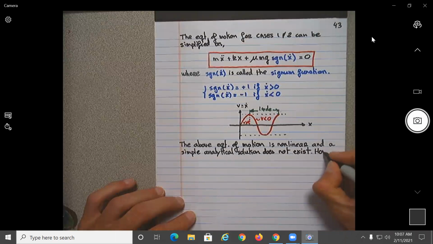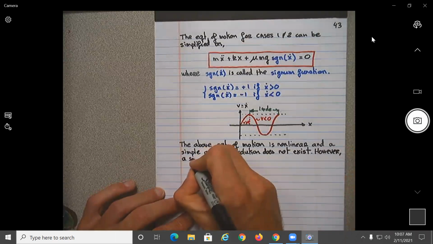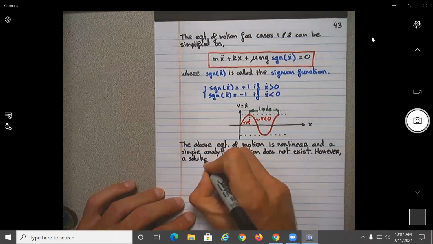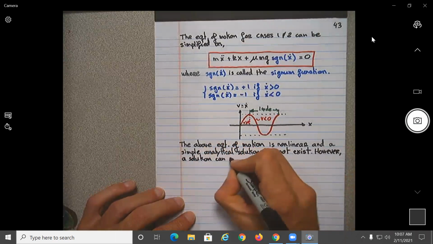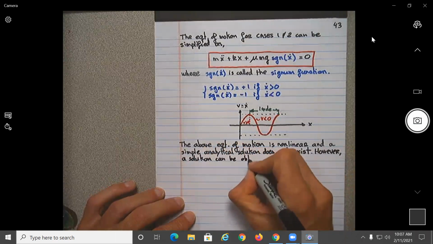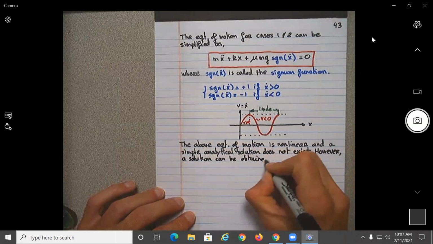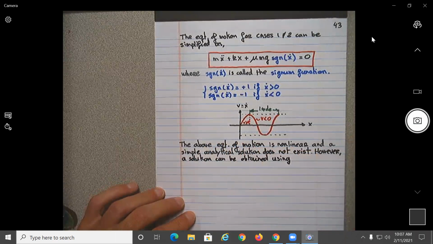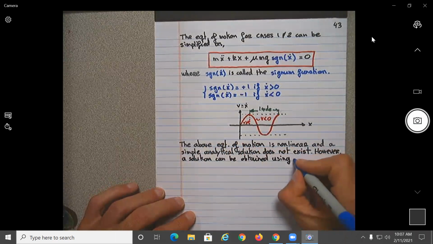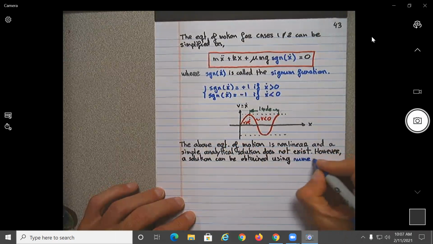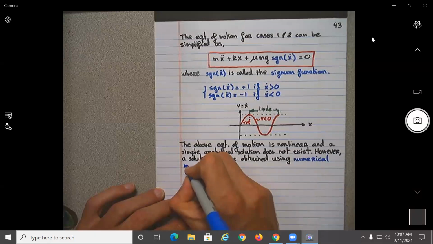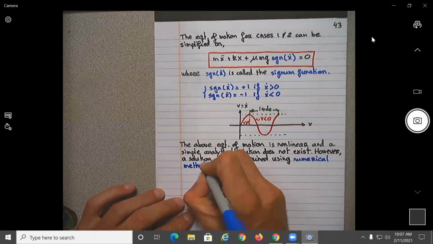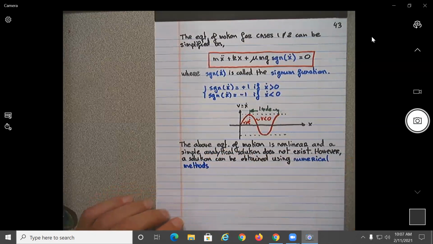However, a solution can be obtained using numerical methods.